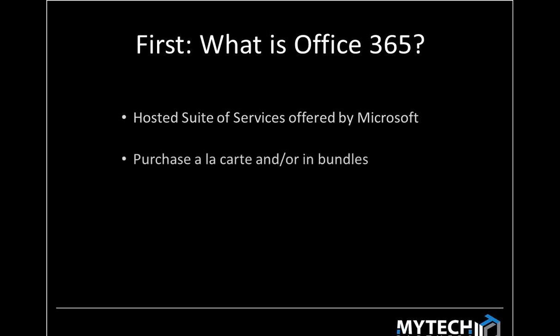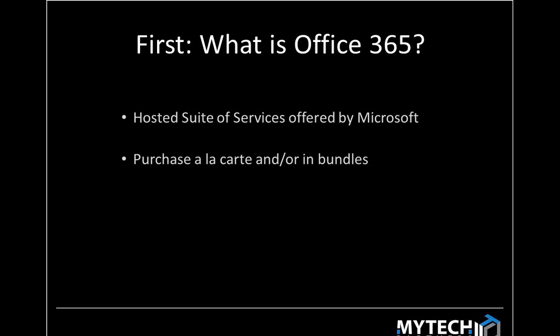It's cloud services, and I know that cloud gets used a lot, but it's moving your email outside of your office. And there's a number of different options that you have for purchasing, a la carte, or you can purchase it in bundles. The licensing varies anywhere from really around $4 a month to their full-blown license, which is $24 a month, and that just gives you a bunch of different features.